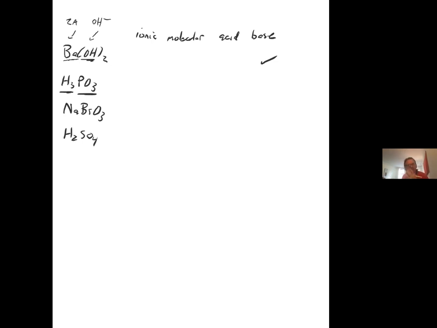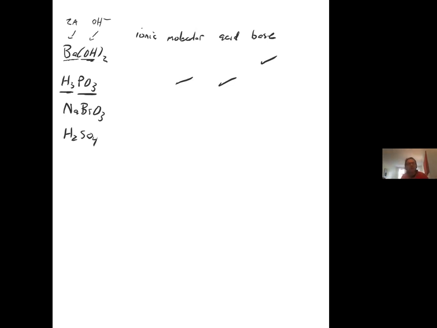This is not one of the polyatomic ions that I went over last week. This is phosphite. It's not a very common acid, but you can still see it's got the form of a polyatomic ion. So that's hydrogen with a polyatomic ion. So that's an acid.